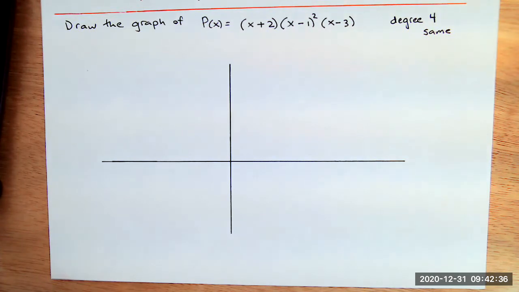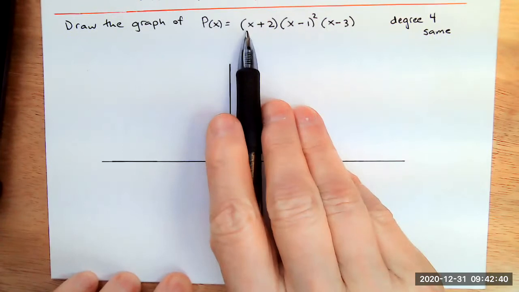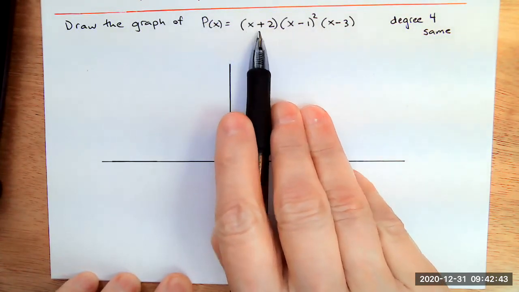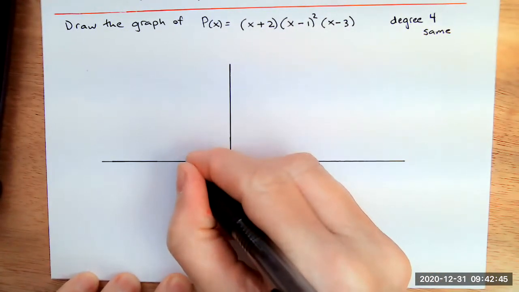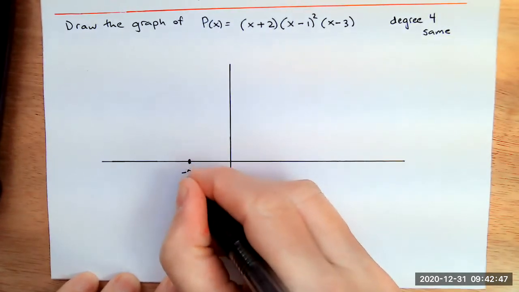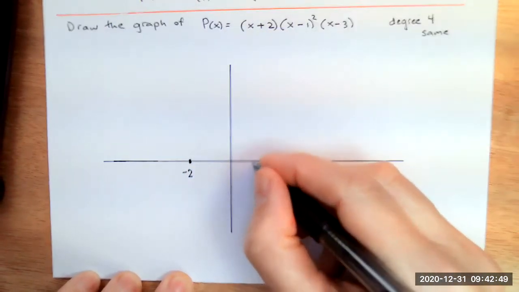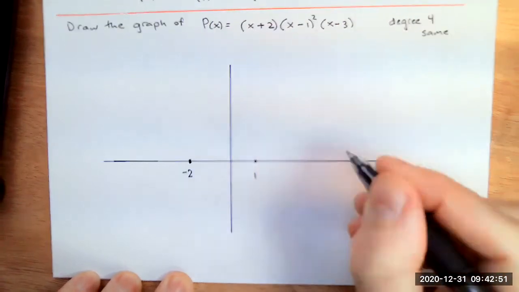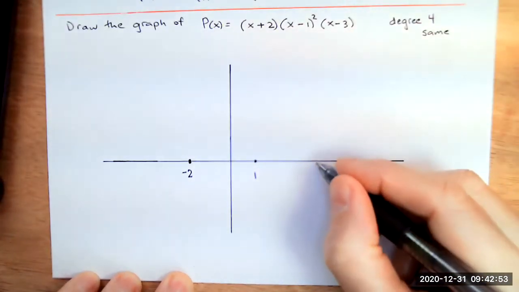Let's identify the zeros of the polynomial. So those are the numbers that make each factor equal to 0. So that would be x equals -2, x equals +1, and x equals +3.